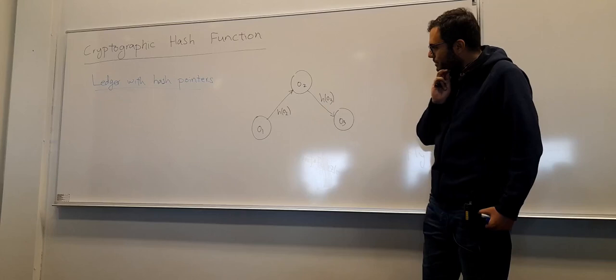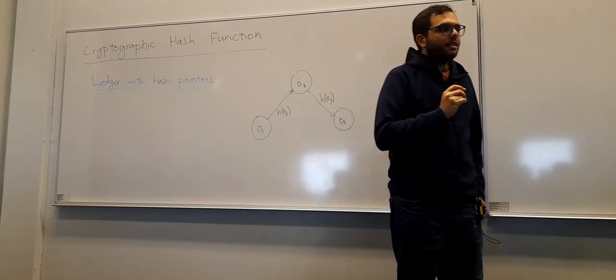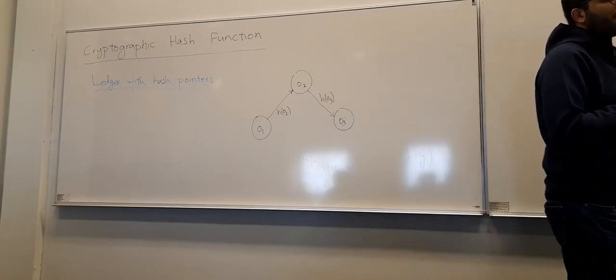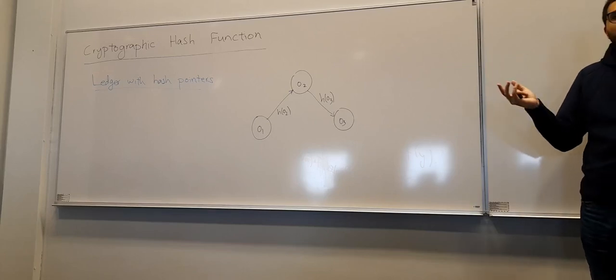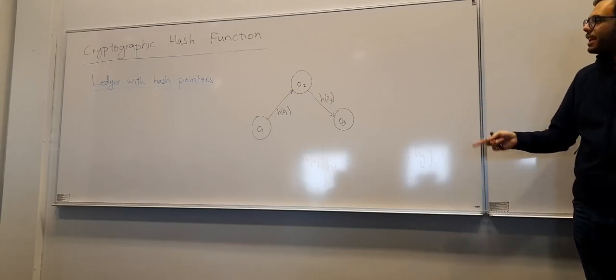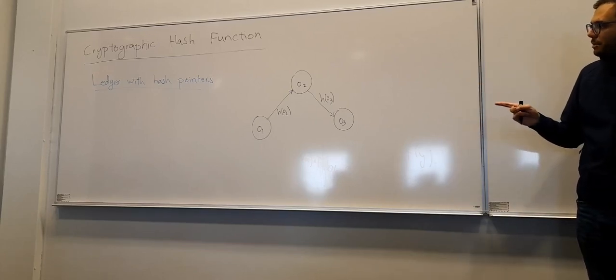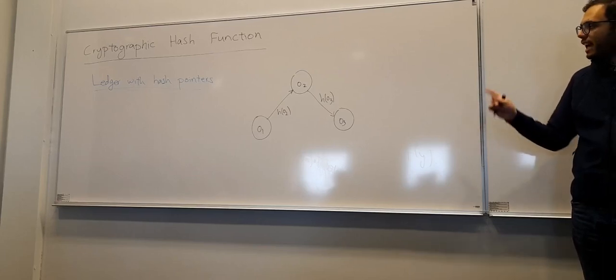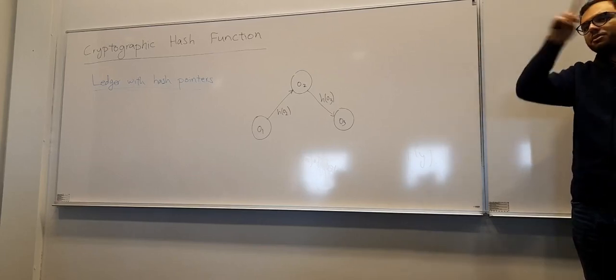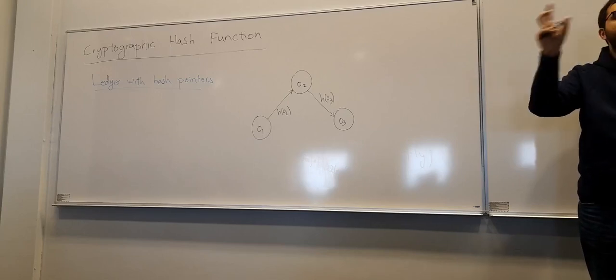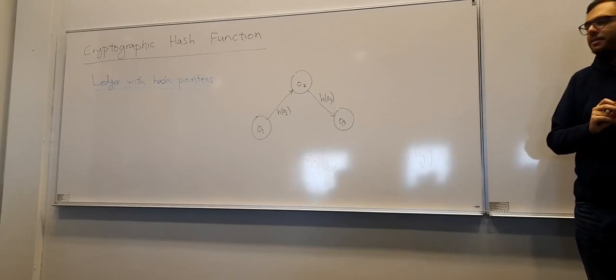Now, why is this interesting? It just seems like we're doing extra work, right? Normally, my pointer would just say where the other object is. But now my pointer is just saying what is the hash of the object, and then I have to go to a table and look up where is the object with this particular hash.